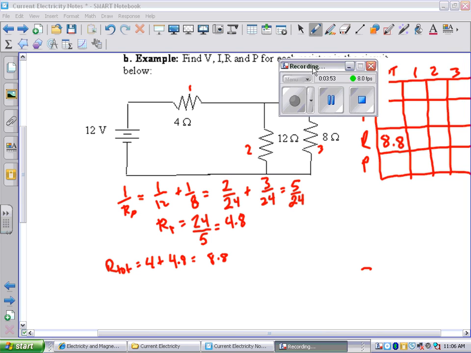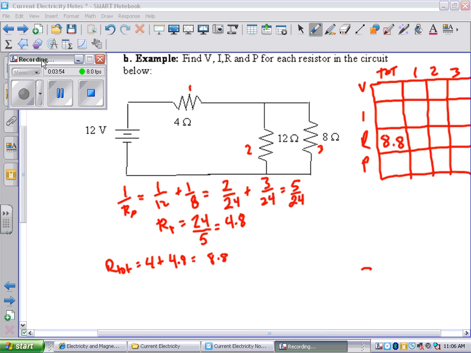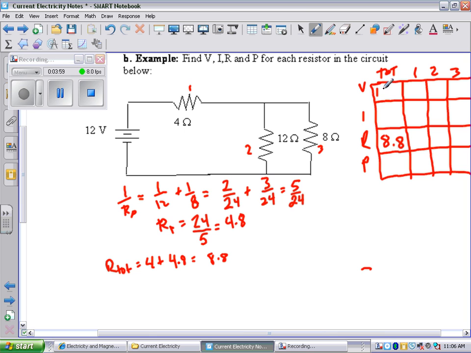Now I am going to put in my givens. I was given that the total voltage is 12, and R1 was 4, R2 was 12, and R3 was 8. Now our second step said to find I total, and I can do that using V equals IR.